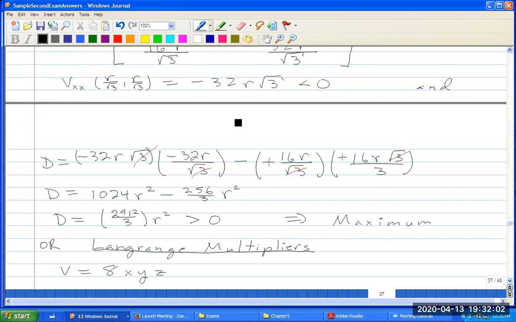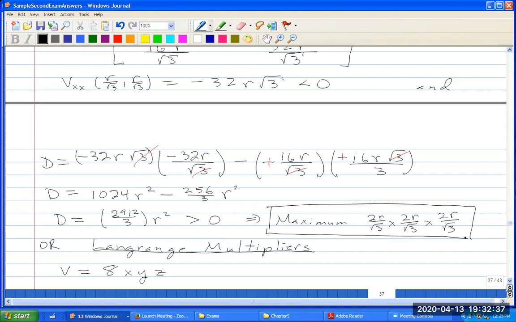And so the dimensions of your box are 2r over root 3 by 2r over root 3 by 2r over root 3. The dimensions of your maximal box.